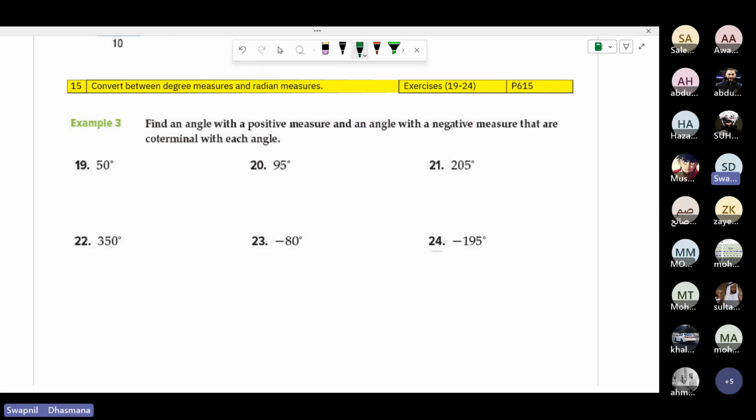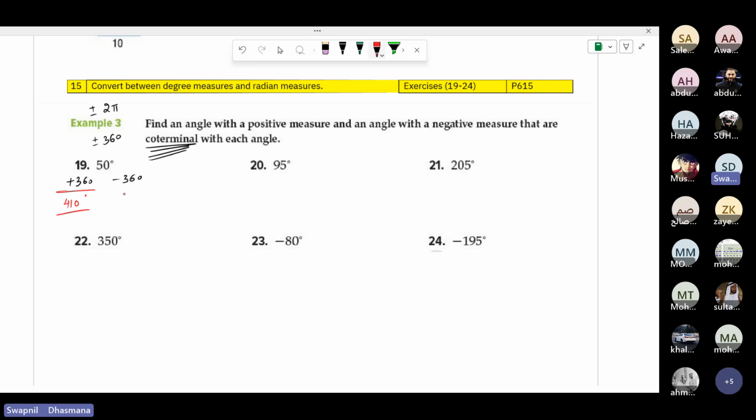Co-terminal angle, guys, remember this. How to find this? I think again one easy question should come. Co-terminal means you will do plus or minus 360 or plus or minus 2 pi. Simple. So 50 plus 360 and minus 360. When you do plus you will get 410.